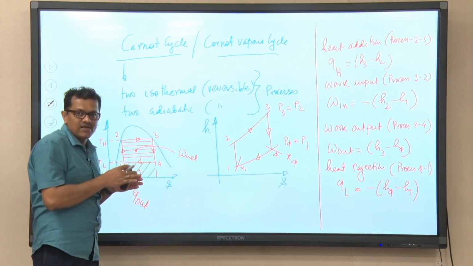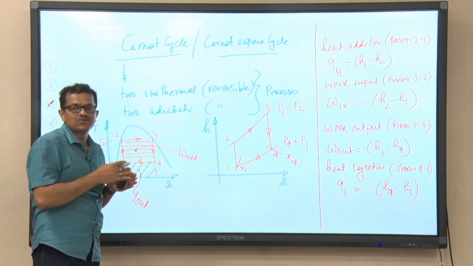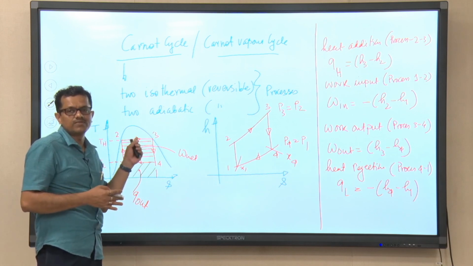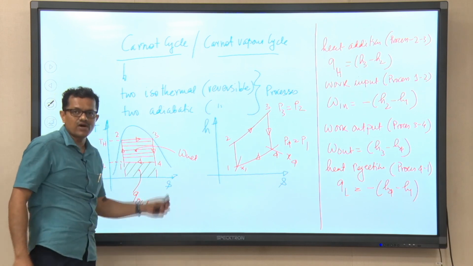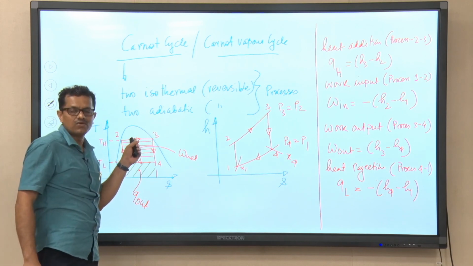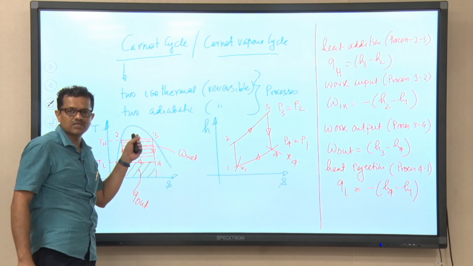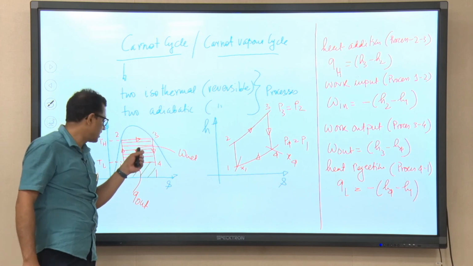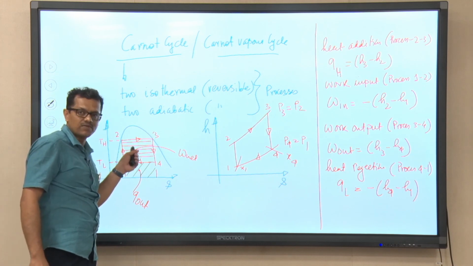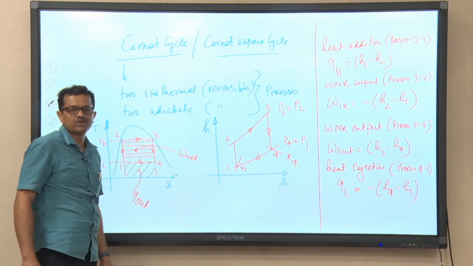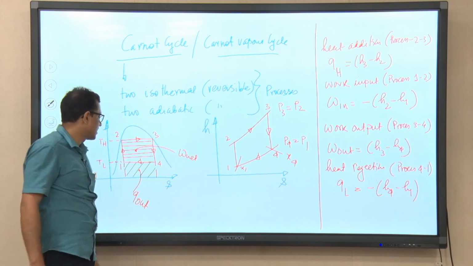Now, time has come to see what the limitations and drawbacks associated with this particular cycle are. One is that, as I told you, these processes may be internally reversible, but the heat supplied from the external source to the system, and the heat transfer from the system to the surroundings because of boiling and condensation, are not externally reversible.